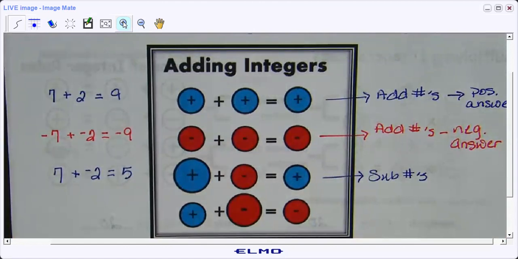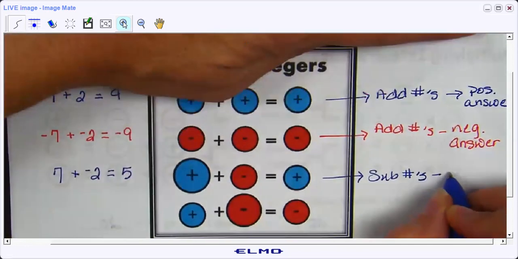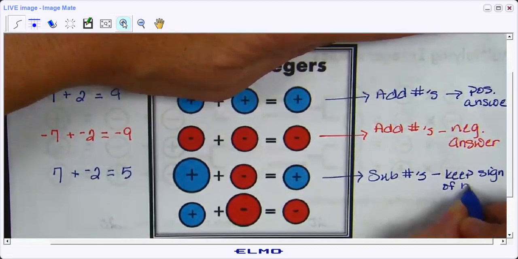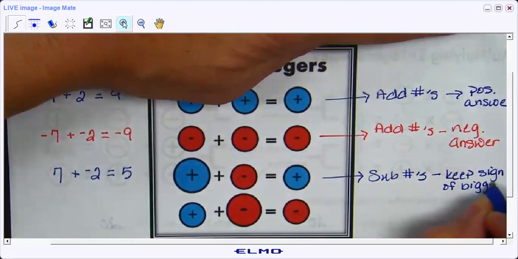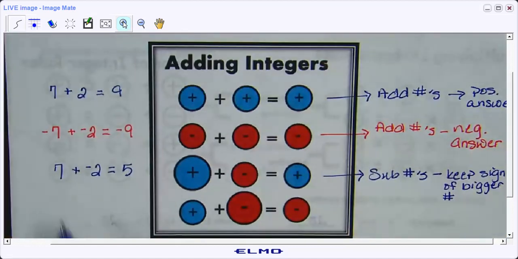Whatever the bigger number is, you take that sign, whether it's positive or negative. Yeah, keep that sign. So here it is: keep sign of bigger number. In this case, it's positive because the bigger number is positive.